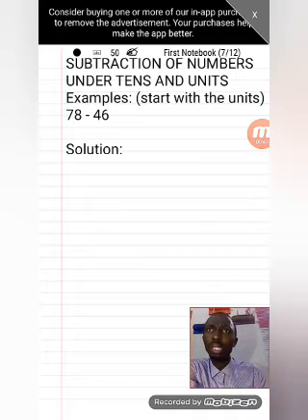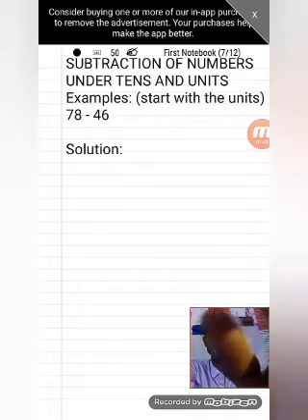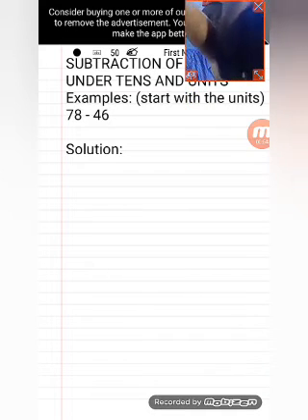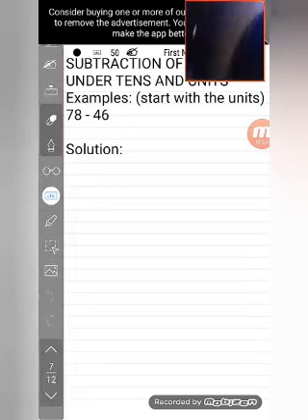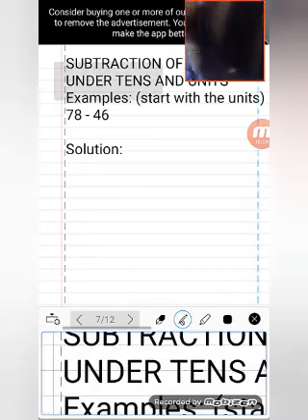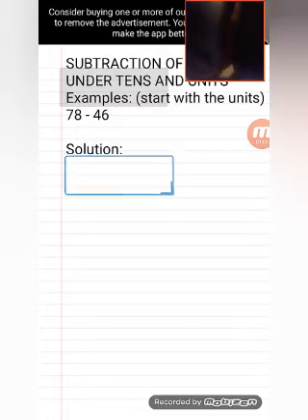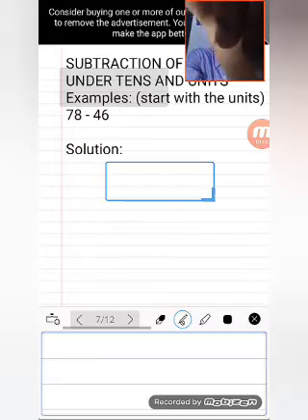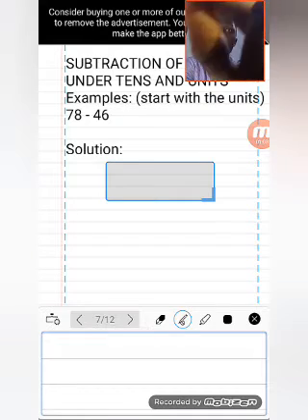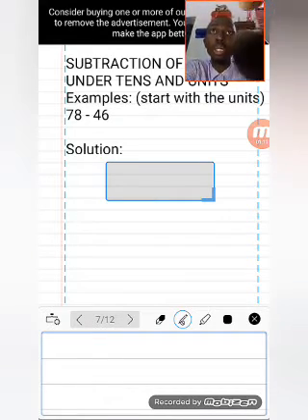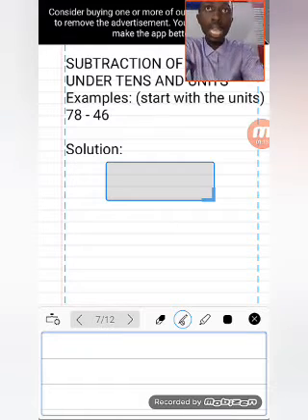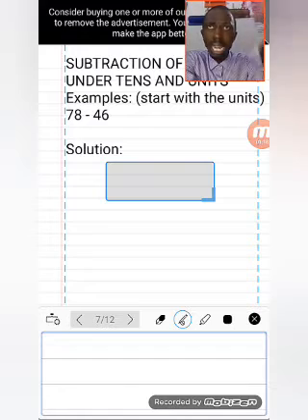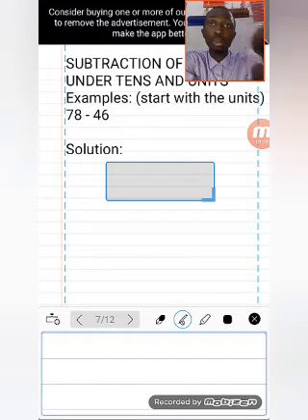Now, the first one is 78 minus 46. Let's start writing it just like in the addition, the way you were taught. It looks similar, but the only difference is that we are doing subtraction here, and in subtraction we likewise start calculation from the units.